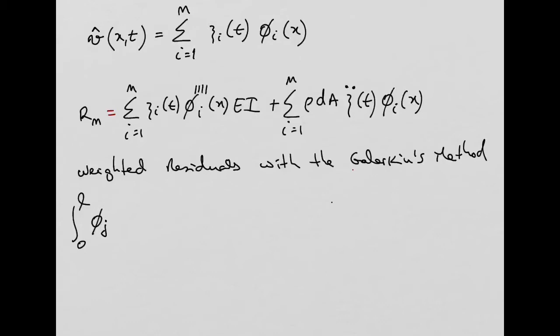I'm going to use a different index now, j of x. So this is my shape function, which in Galerkin's method is equal to the weighting function. And I need to multiply this weighting function by the entire residual, which we derived here already, okay?